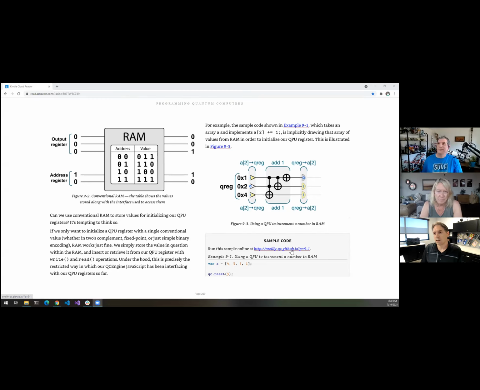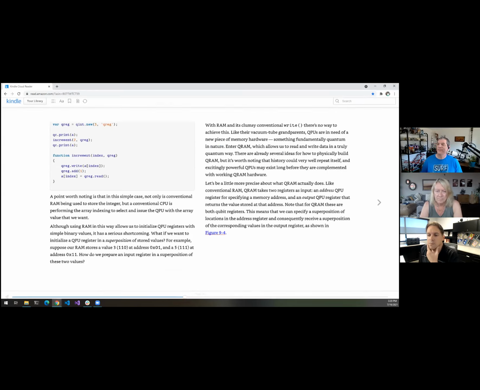So there's that. And then, so he talks about how he's using a conventional CPU and other things we're doing. Let's see, I was trying to remember. So we talked about, yeah, this fails.